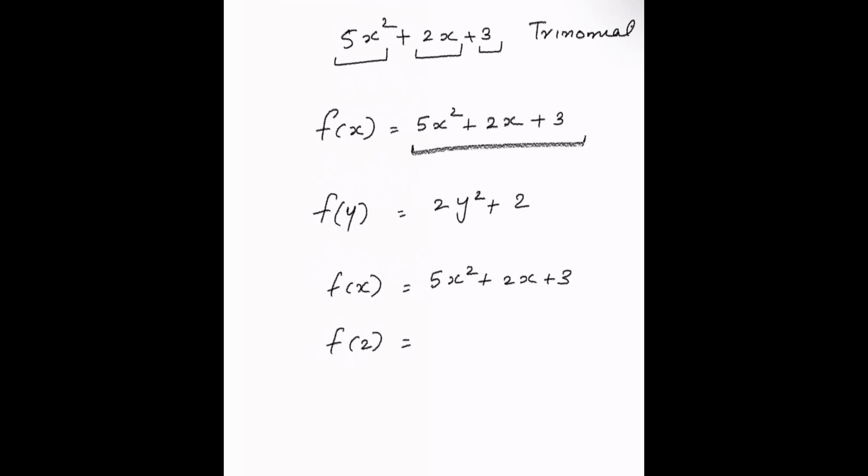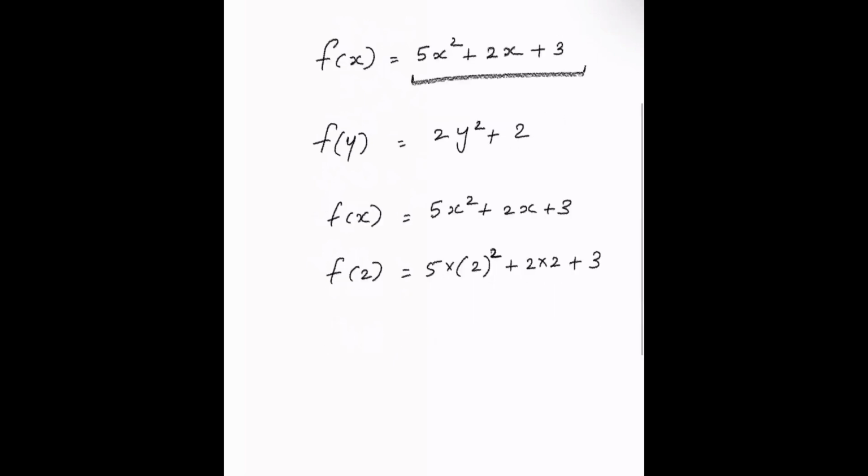If I say find the value of f of 2, that means wherever you see x, substitute it with 2. So this will become 5 into 2 whole square plus 2 into 2 plus 3, because wherever I am seeing x, I substitute it with 2.